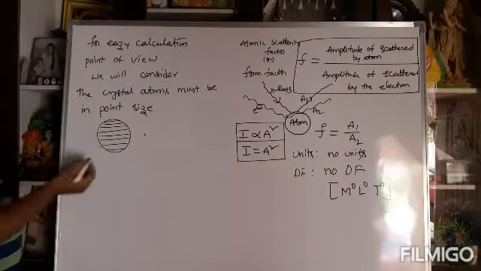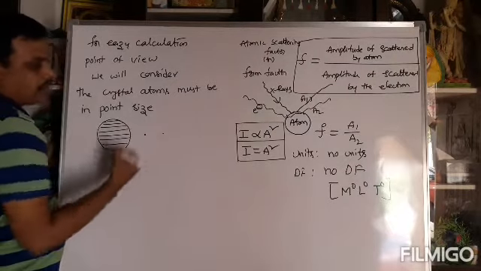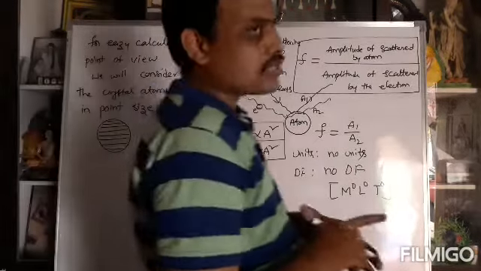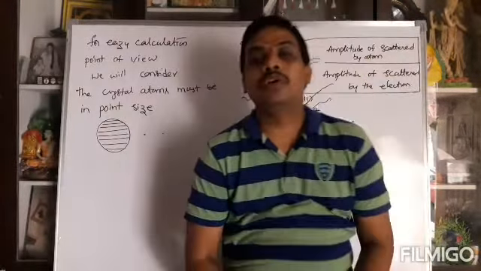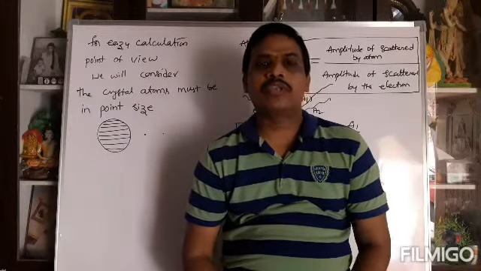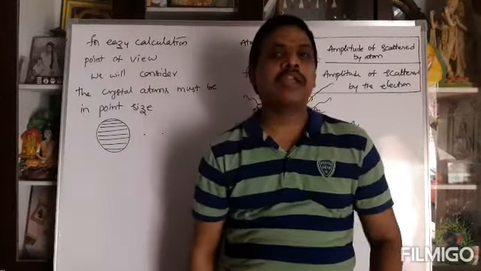That is, this atom is represented by a point. Another atom is represented by a point. You are considering the crystal as a combination of lattice points, so the atoms must be considered as point-sized. The total atom is considered as a very tiny size.